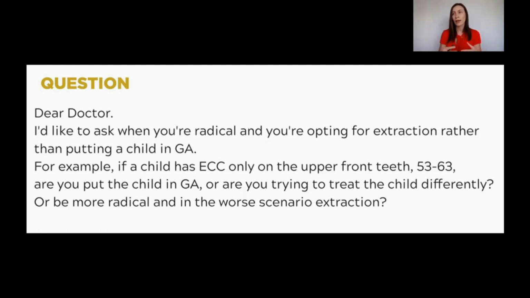And after I make a plan in my head, I think how I will manage behavior in this child. And I've shown you that sometimes even in very small children, we go for conservative treatment without any general anesthesia, and it works quite well. So it depends on the individual clinical case.